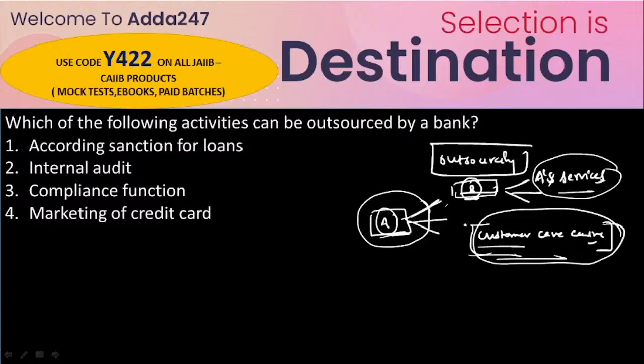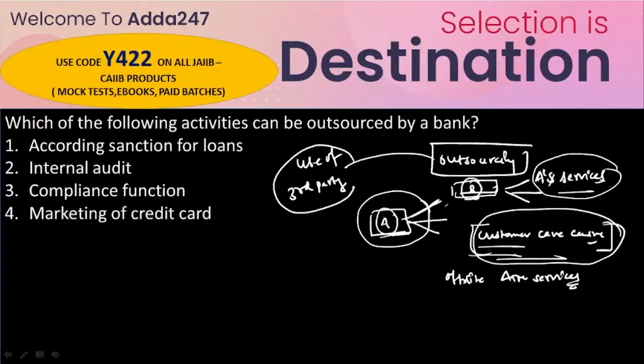Another one is off-site ATM services, which are outsourced to a third party. So in short, the use of a third party is defined as outsourcing.